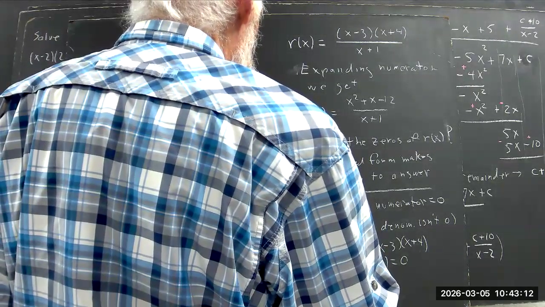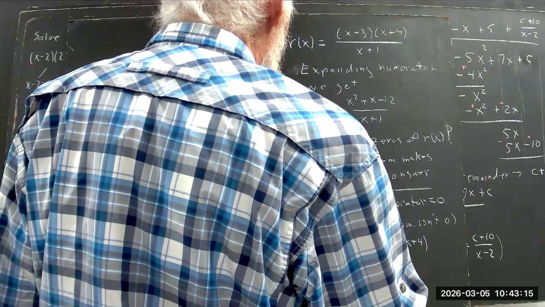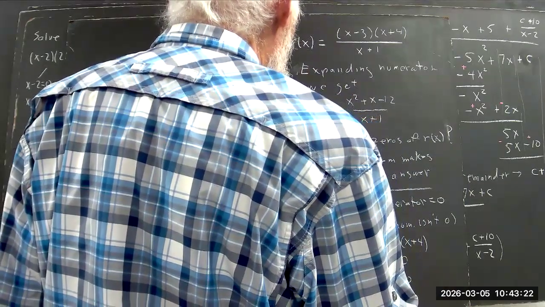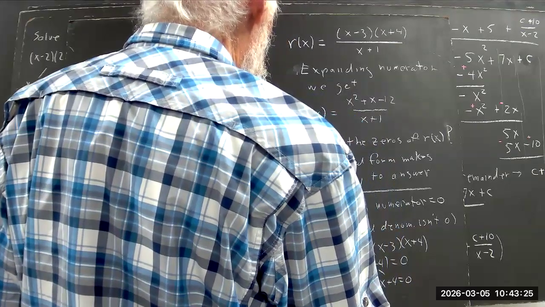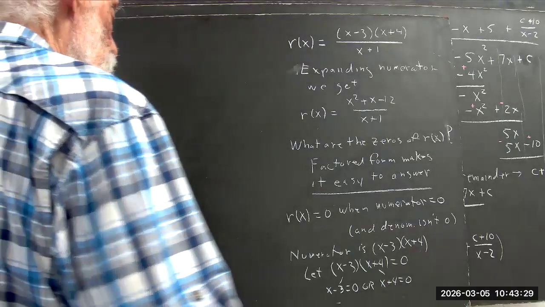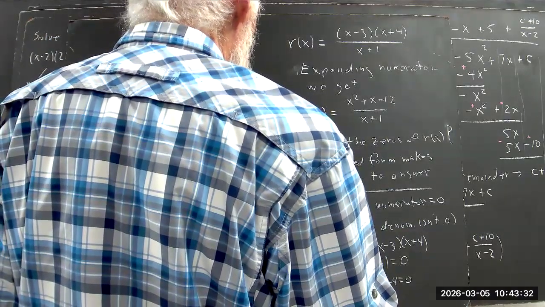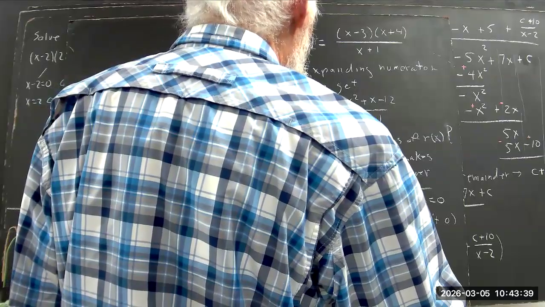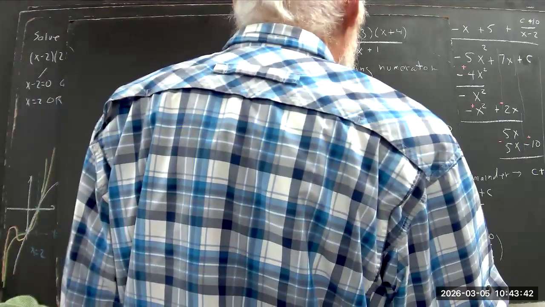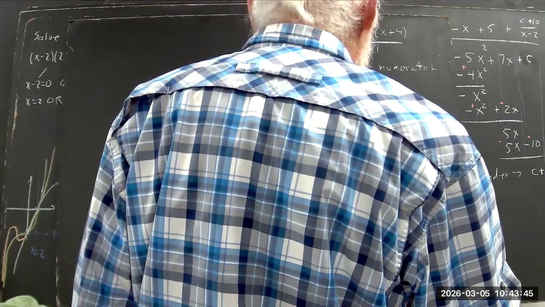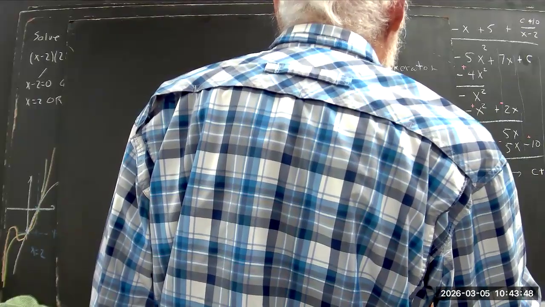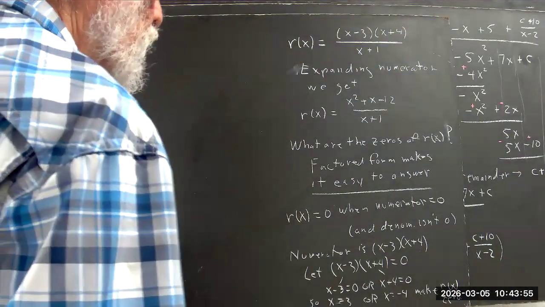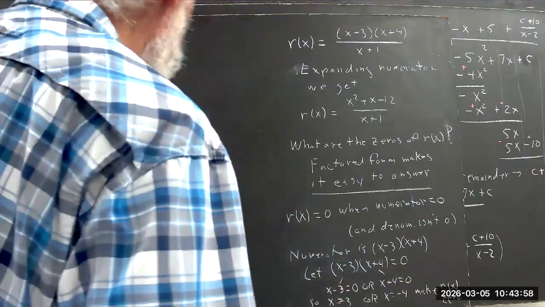Well, that splits into two equations, x minus 3 equals 0, or x plus 4 equals 0. So x equals 3 or x equals -4 makes r of x 0.